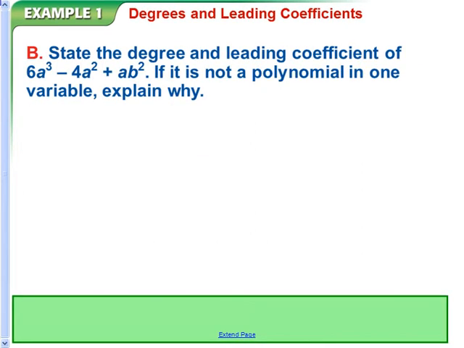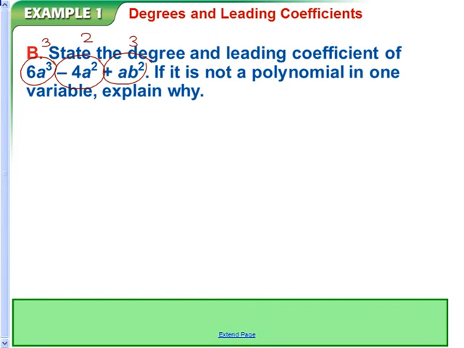Okay, this one now. State the degree. Let's look at this. That one has 3 variables. This one has 2. And this one has 3. So we do have a tie there. But now if we jump ahead in the question, where it says if it's not a polynomial in one variable, which we find right here, it has a's and b's. It is not, and so therefore we can't actually do all of this stuff. Stating the degree and the leading coefficient isn't helpful to us at all here.